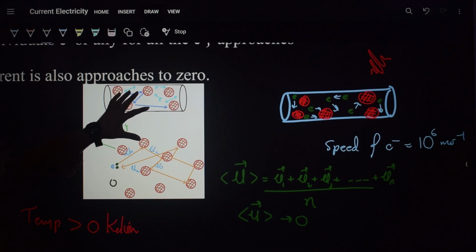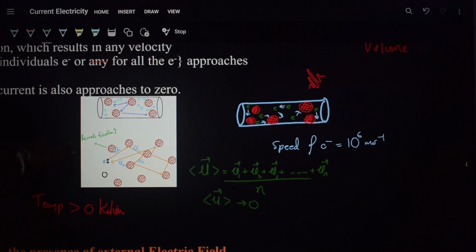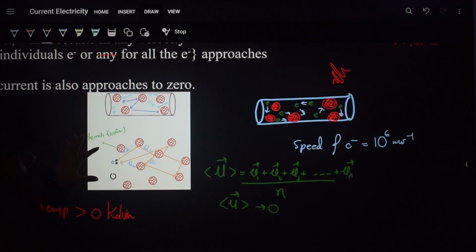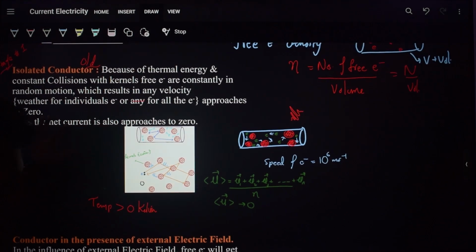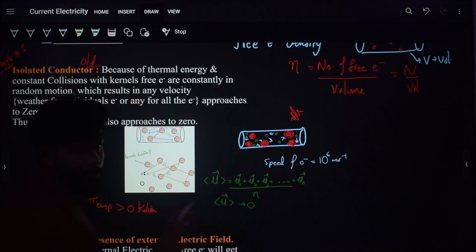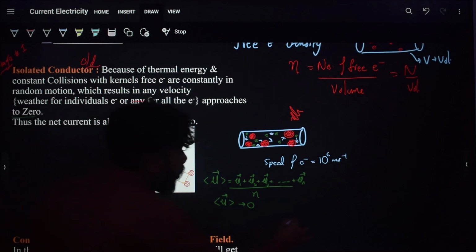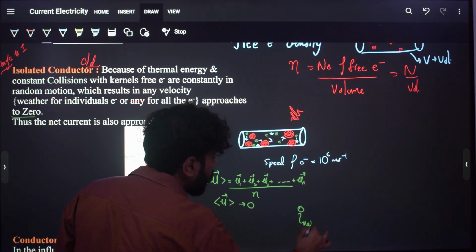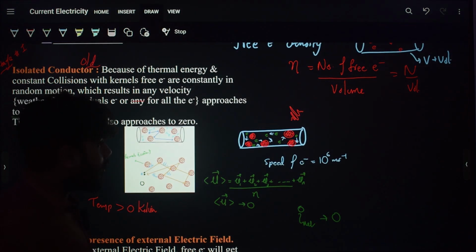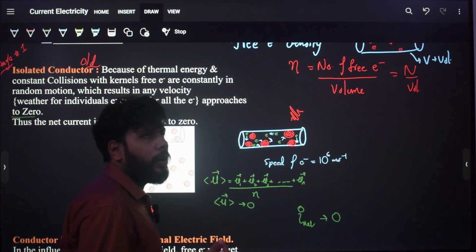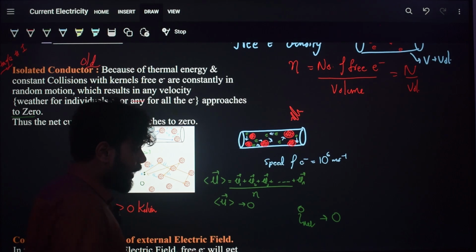Means if you take the average velocity of all the electrons, or even if you take the average velocity of an individual electron, it is going to be 0. The motion is so random, the average velocity of each electron is nearly approaching 0. Right? Here we have written also. And because they are moving, they are producing current, but the overall net current is going to approach 0. So a significant amount of current is being produced, but there is no overall net current. It is being cancelled.